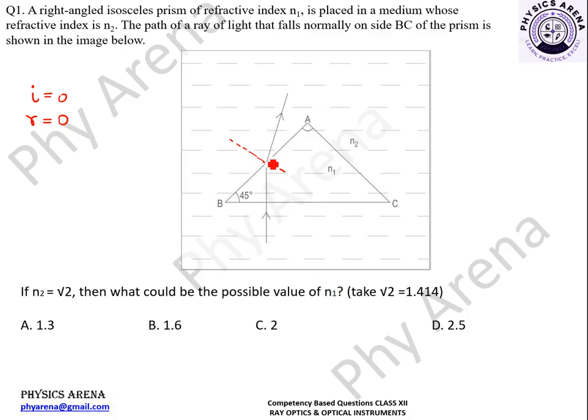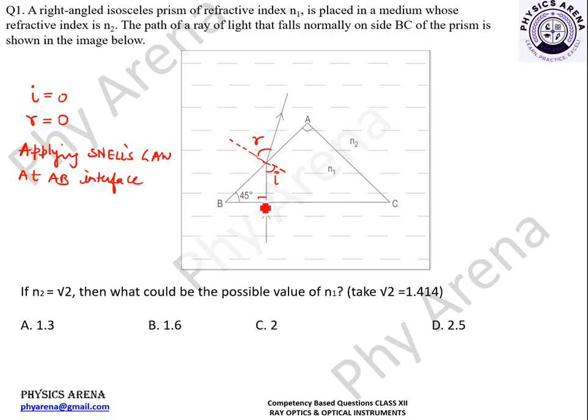So let's try to apply Snell's law at the AB interface. The angle between the incident ray and normal, so this angle, is my i, and the angle between the refracted ray and normal is r.